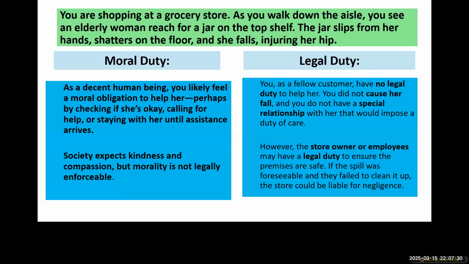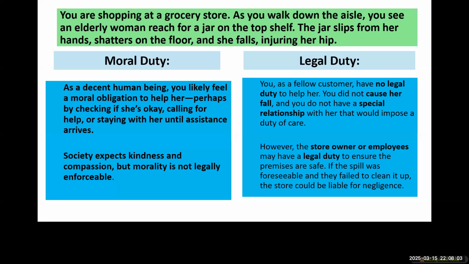And as an employer or the owner of a business, you will have a higher level of care for those who are your customers. Those types of duties are called duties by owners and operators of land. Duties of owners and operators of land. That's another subcategory of standard of care.